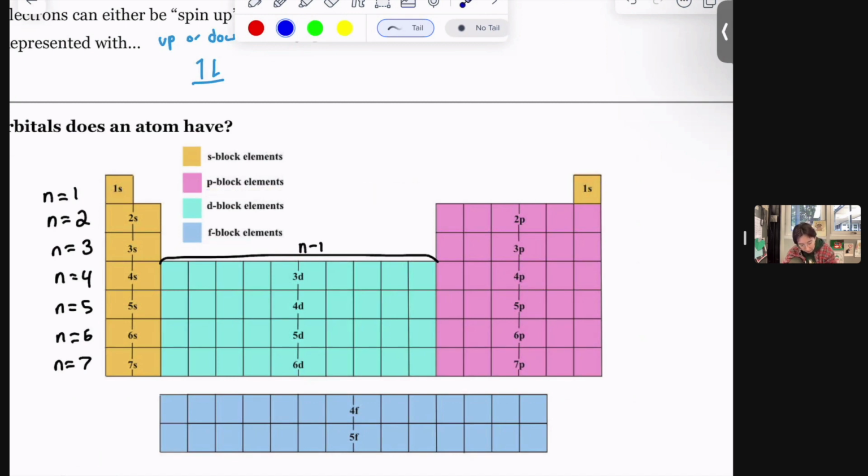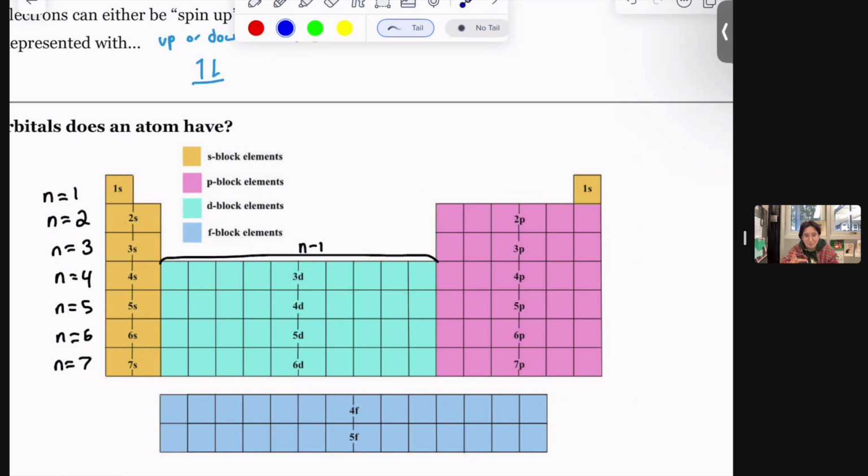In our second row, we have 2s, and we have 2p. So I've added a row, I've added a new type of orbital. Let's look at our next row. I have 3s, 3p, and then here's our 3d.